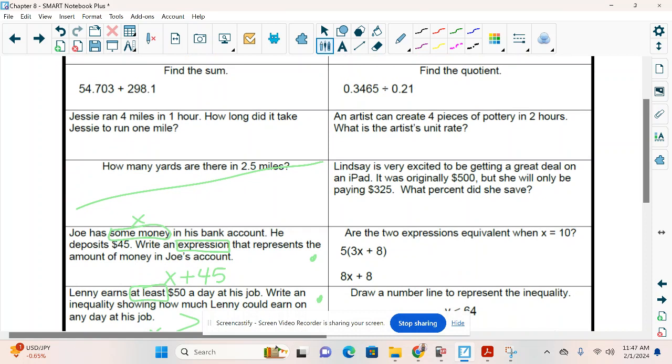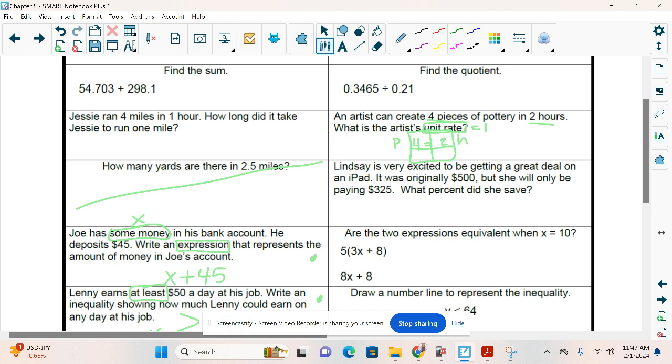In the third one, it says an artist can create 4 pieces of pottery in 2 hours. What is the artist's unit rate? When we talk about unit rate, that means 1. So we know the artist can make 4 pieces in 2 hours. So 4 and 2, this is pieces, this is hours, so we can almost make a ratio box here.